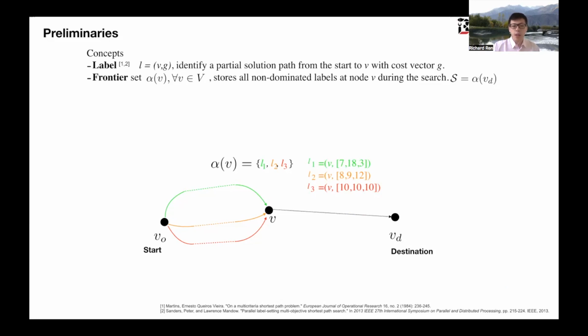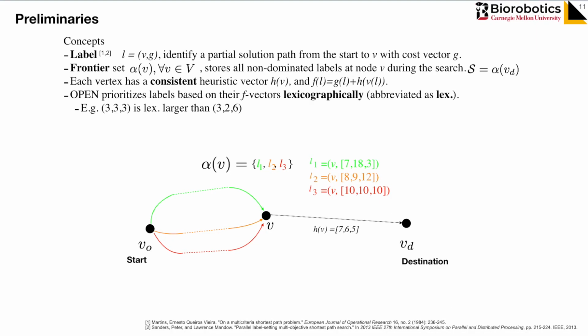As shown in this example, at node V, there are 3 non-dominated labels identified by different colors. And in addition, each vertex has a consistent heuristic vector, HV, and the F vector of a label, FL, is defined to be the sum of the G vector and the H vector.